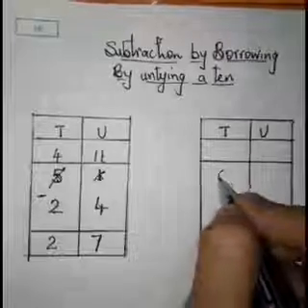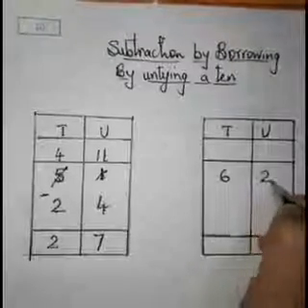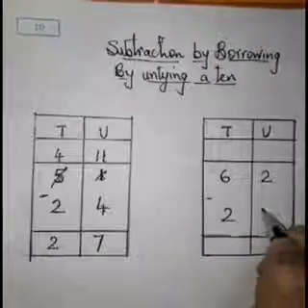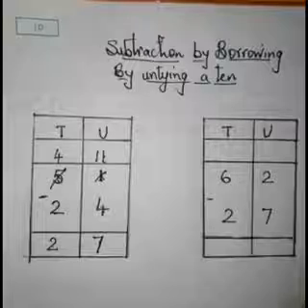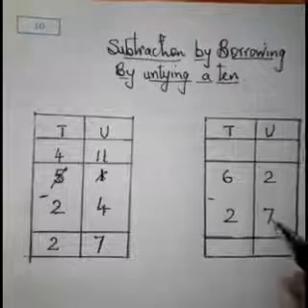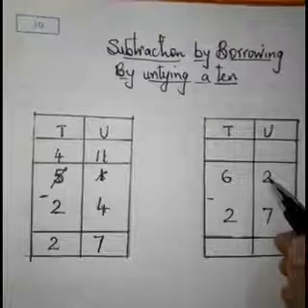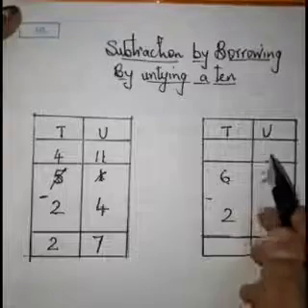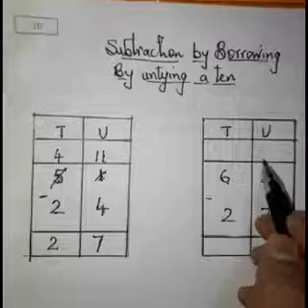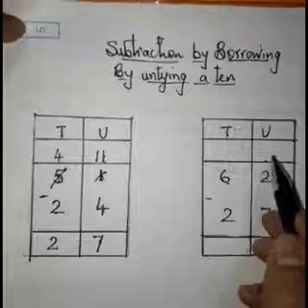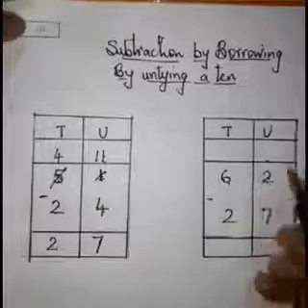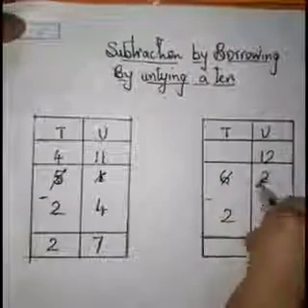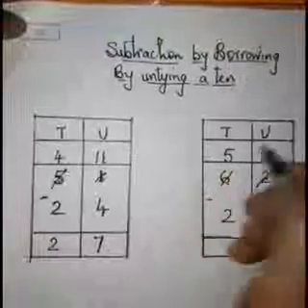62 minus 27. Now here we can't subtract 7 from 2. Okay. So from tens, 1 ten we'll put it over here. It becomes 10 units. Now 10 units plus this 2 becomes 12. And here we are left with 5 tens.